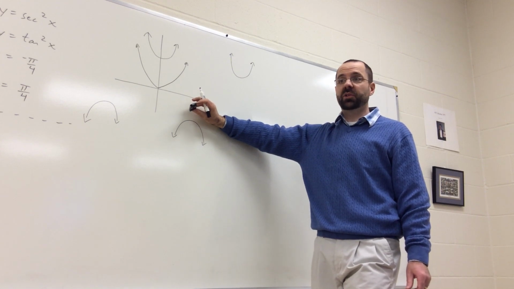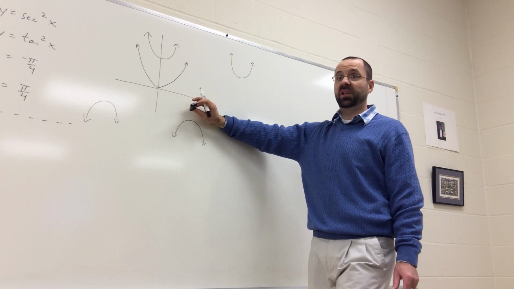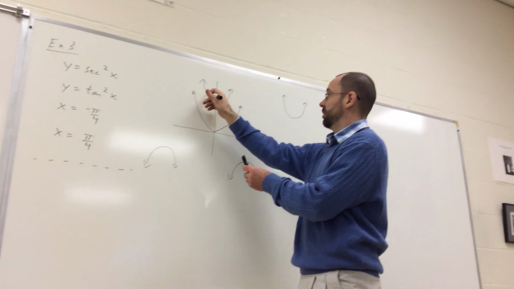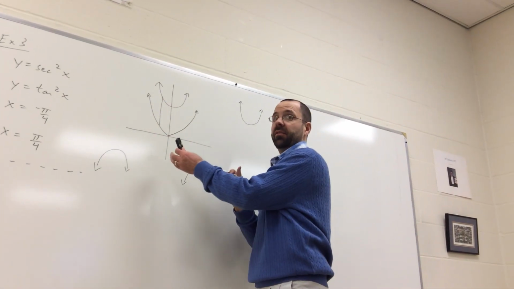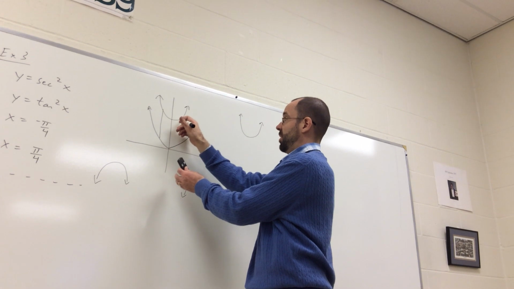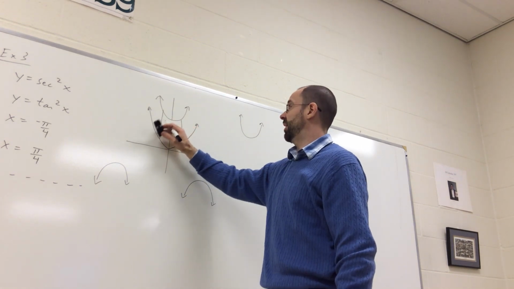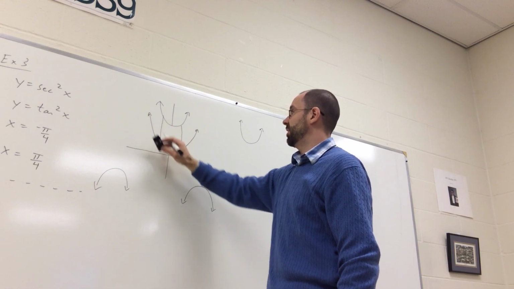At first glance, we don't get a bounded region. But luckily, we've got the line x equals negative pi over 4 that cuts that off there, and then x equals pi over 4 that cuts that off there. So our bounded region is in there.